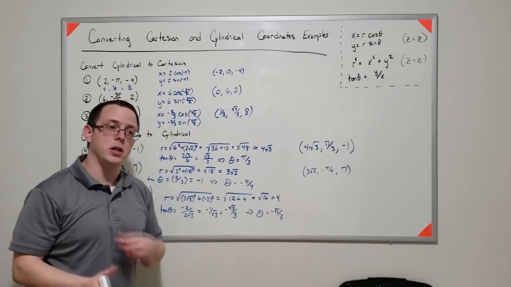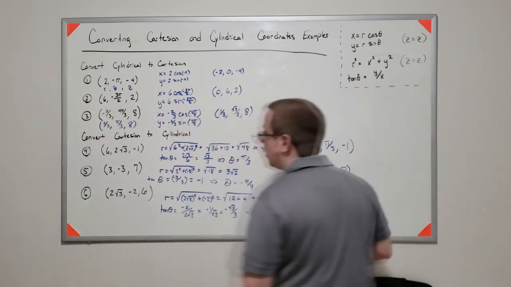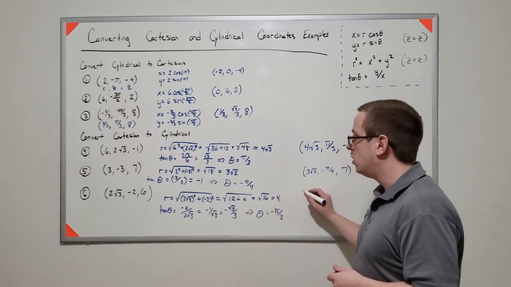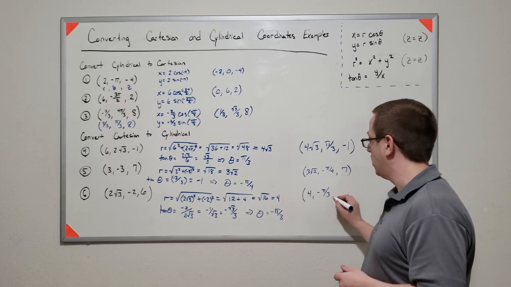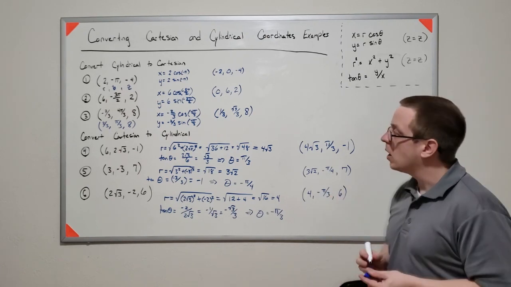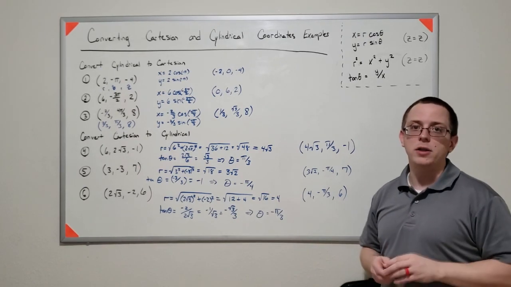Remember, because tangent is an odd function, so it has that nice relationship. So our final result is 4, negative pi over 3, and 6. And that's how you do the conversions between rectangular and cylindrical coordinates.